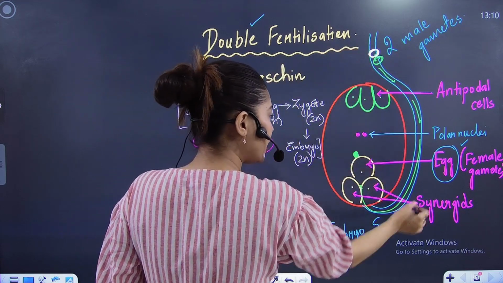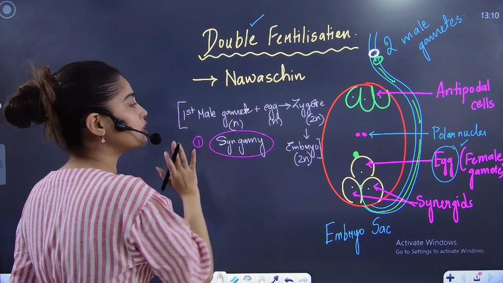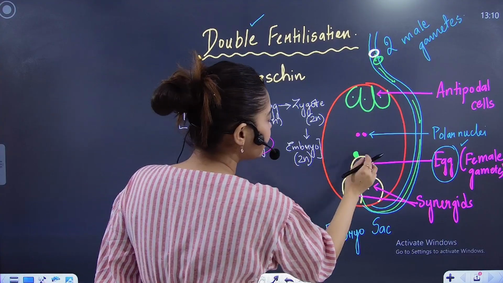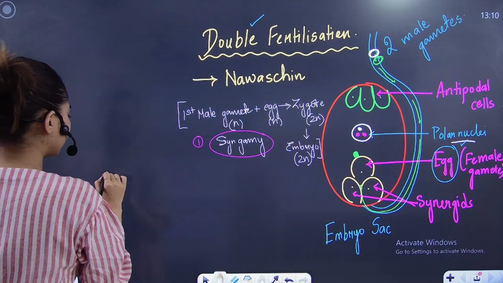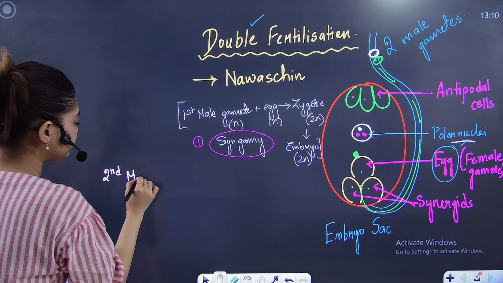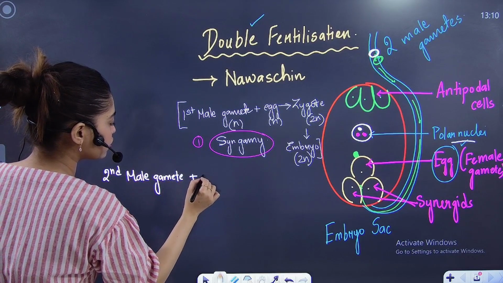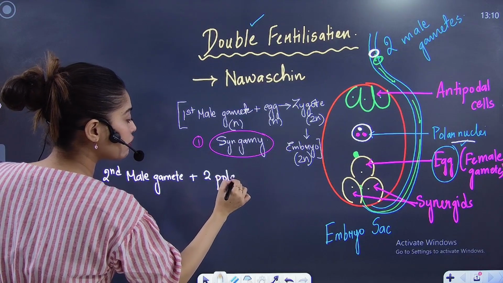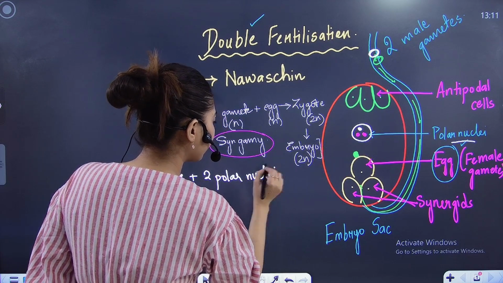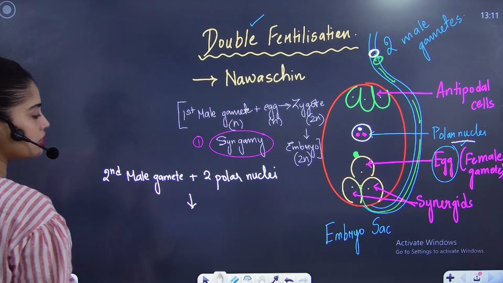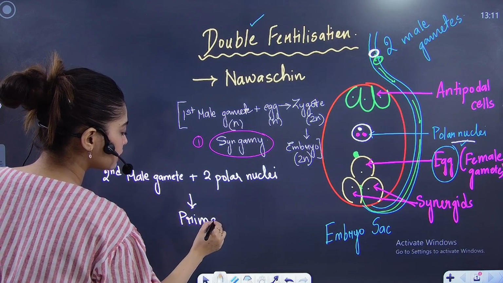It will travel and enter the embryo sac, but the egg cell has already fused with the first male gamete. So the second male gamete will fuse with the two polar nuclei. Why have I written 2? Because there are two polar nuclei.